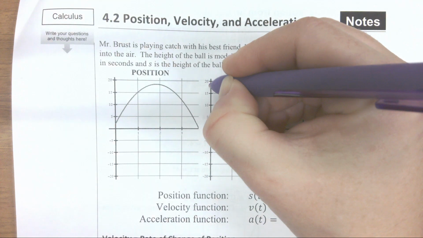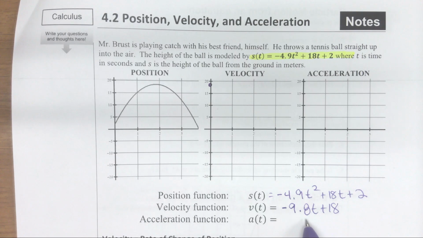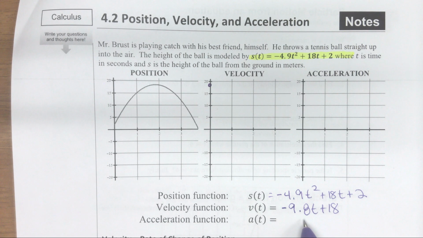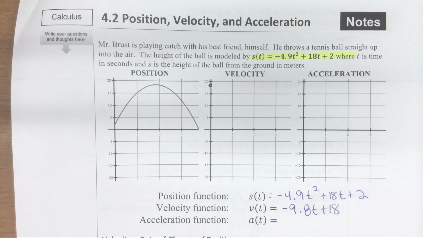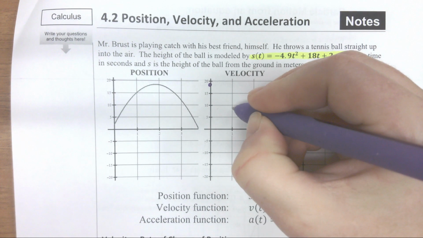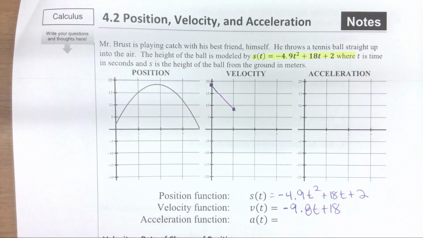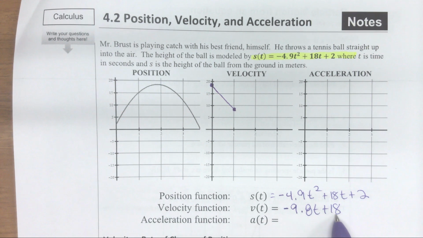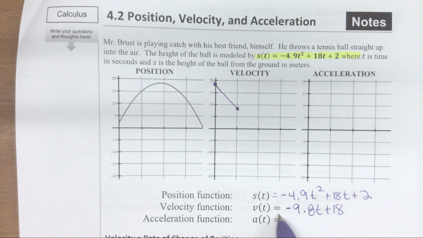If we go down 9.8 from that, what would that be? 8.2? Yes? Let's figure out where it hits zero just for the heck of it. What's 18 divided by 9.8? Because that's where it hits 0. Can you just do it for me?